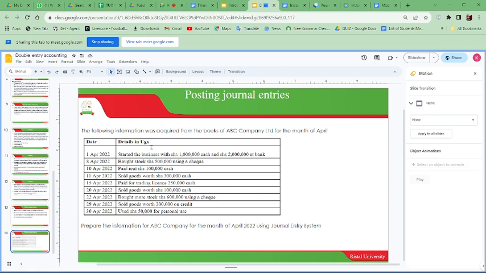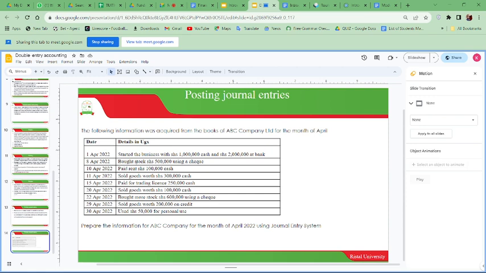So we have the date and then we have the details. We are going to look at this in Uganda shillings. Started the business with 1 million shillings cash and then 2 million cash at bank.